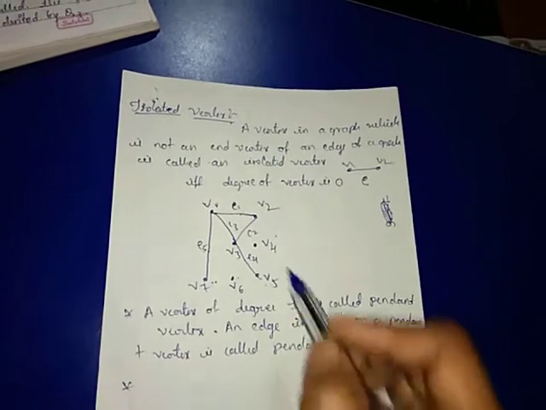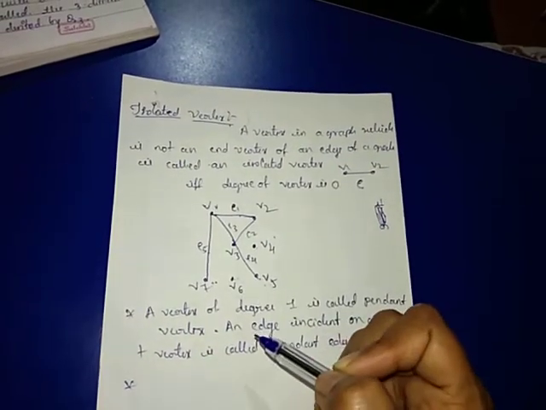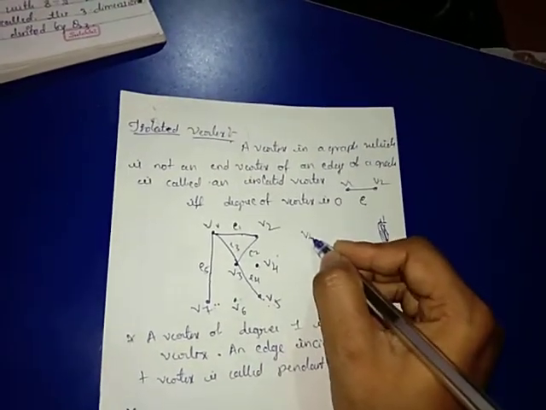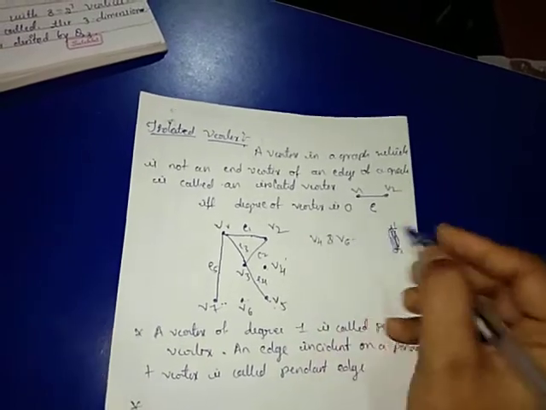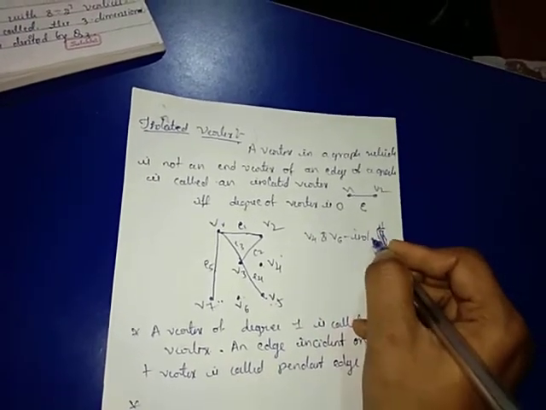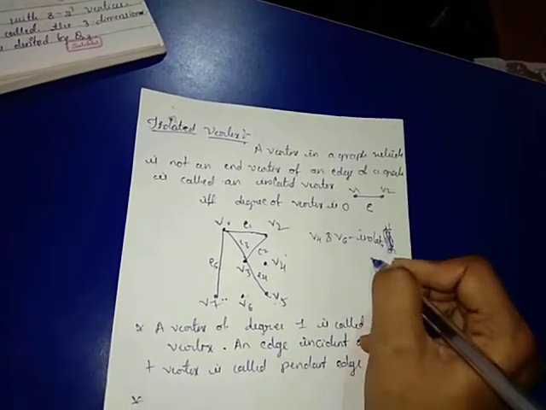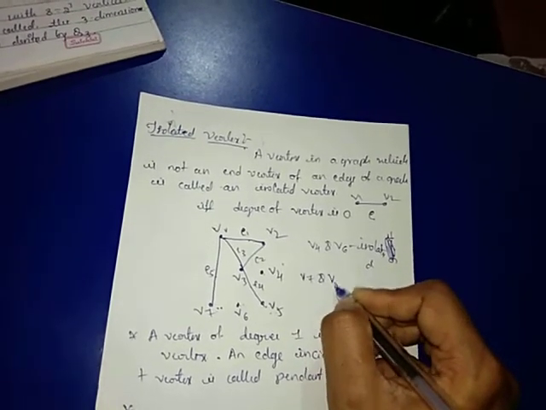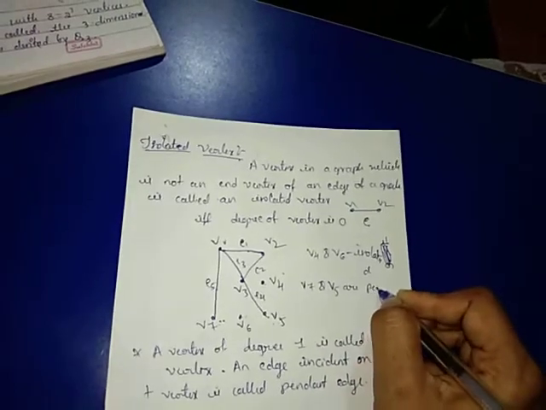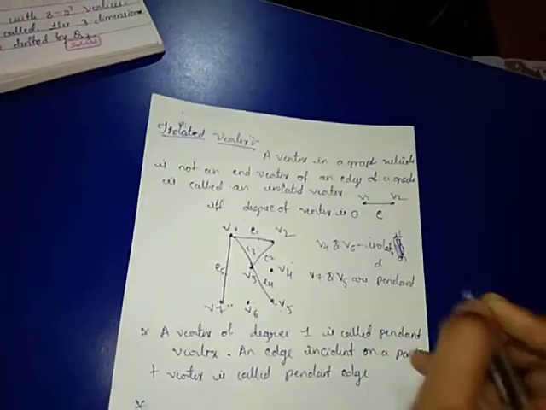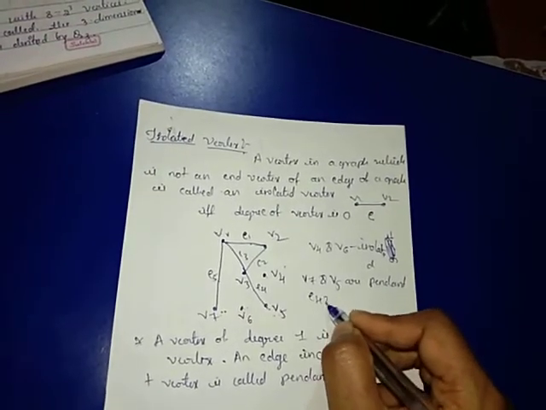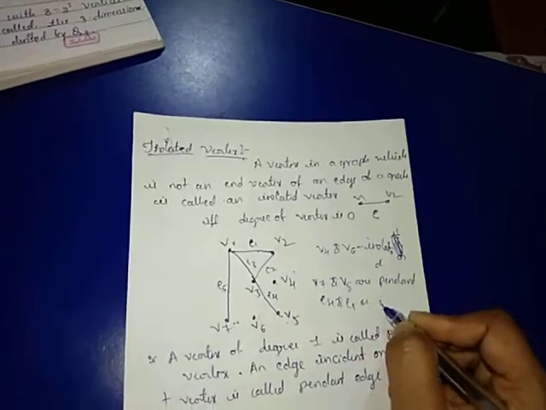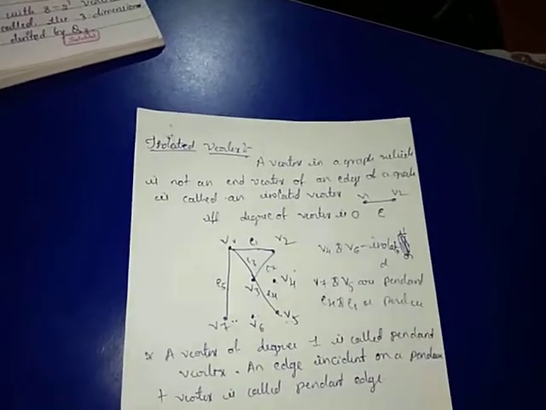And also V4 and V6 are called the isolated vertices.